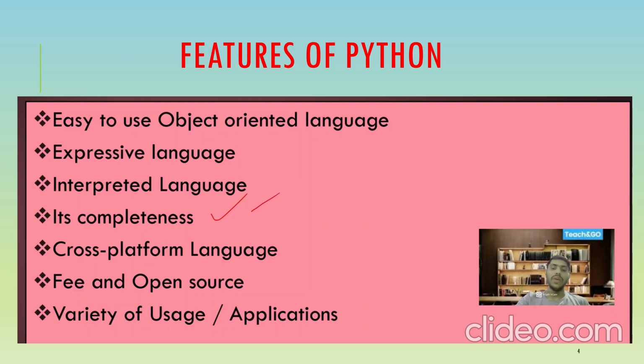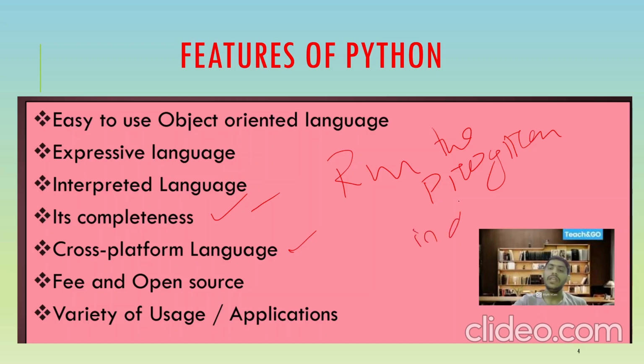Cross platform language. What is a cross platform language? That means after executing one Python program, we can run the program on a different platform. Suppose you are running on Windows.